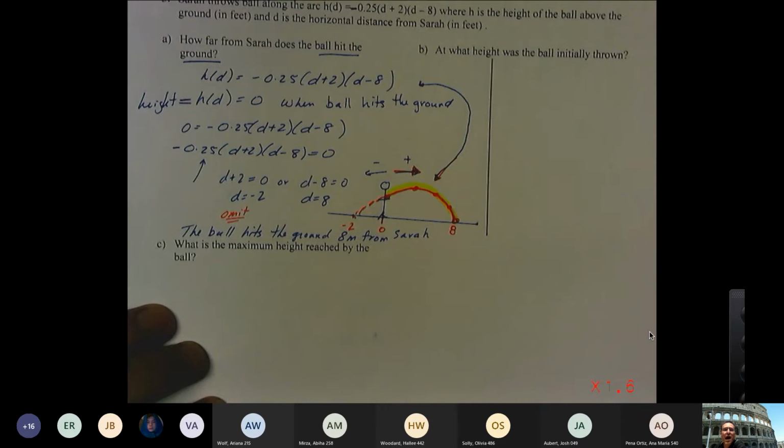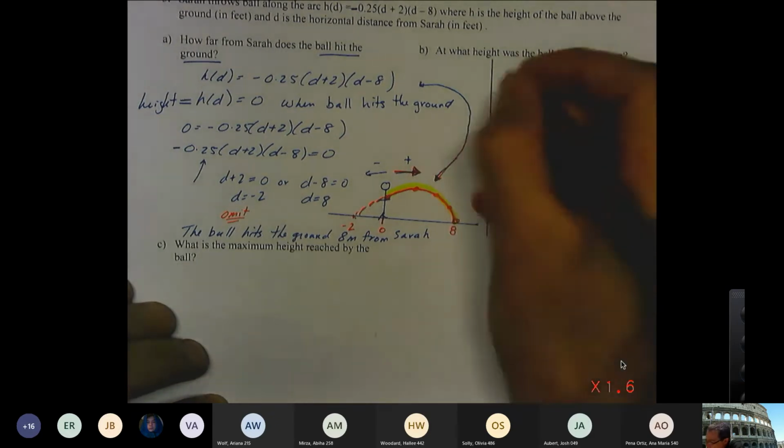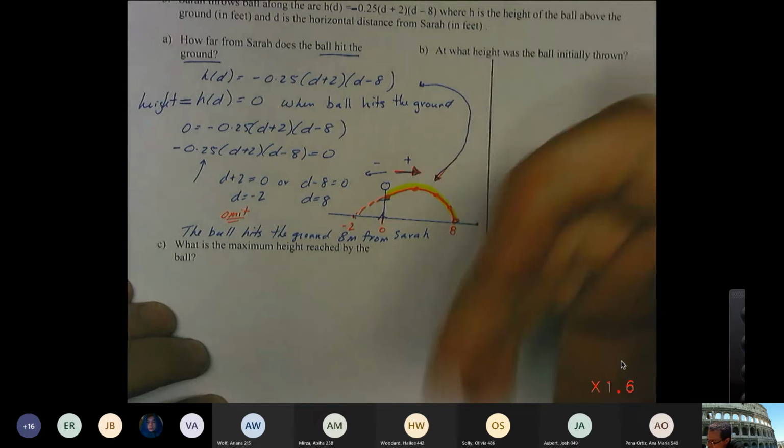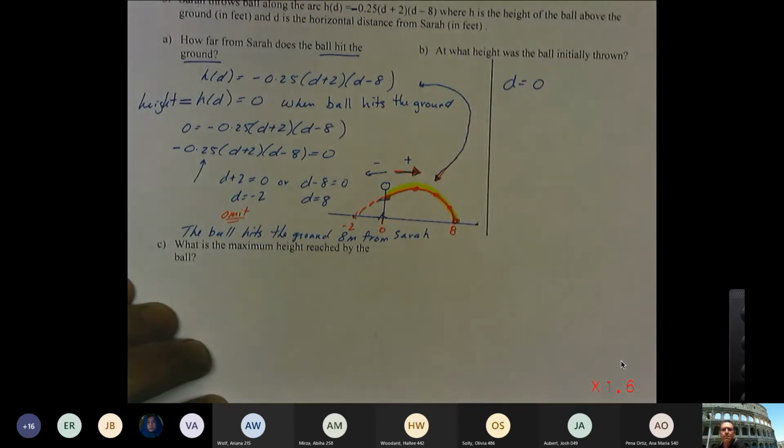Okay, at what height is the ball initially thrown? Now you got to think about that a little bit differently. If you're looking at the height that the ball is initially thrown, that means the initial distance d must equal 0.